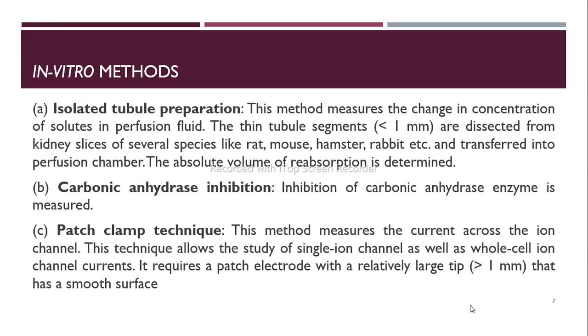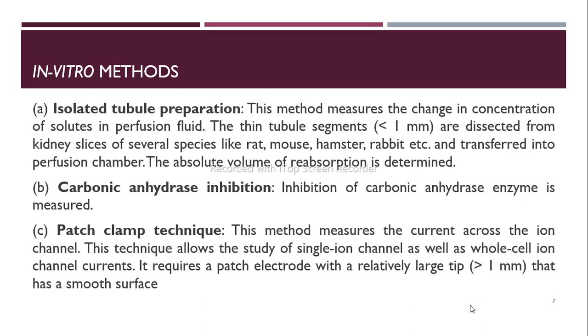Okay, so the isolated tubule preparation means what? Just like an isolated ileum, we are going to isolate the tubule. Okay, so what we do by isolation, we check the change in the concentration of solutes in the perfusion fluid.